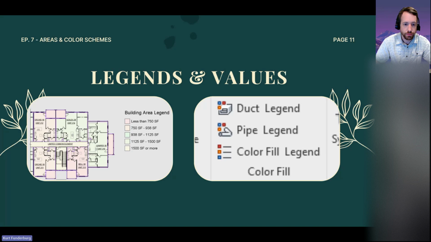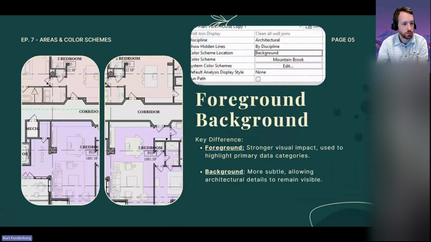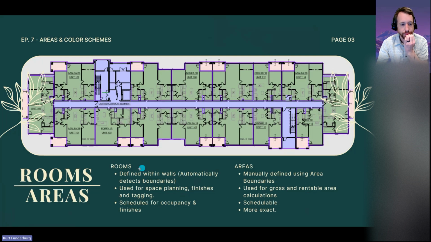The parameters set for a room are normally defined by walls or a room defining boundary line, whereas areas are completely decoupled from walls or any compound element like a roof or floor. It's literally just a rectangle that you're drawing that captures an area. So it's not a defined element from a model element.